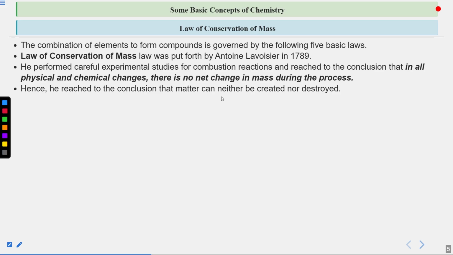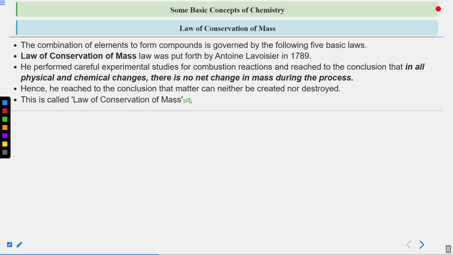Okay, so we can also say that the mass of the matter is not changing, or matter has neither been created nor destroyed throughout this journey from reactant to product. I hope you got the point of this law. And finally, this statement was named the law of conservation of mass.